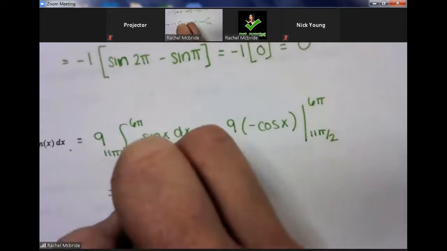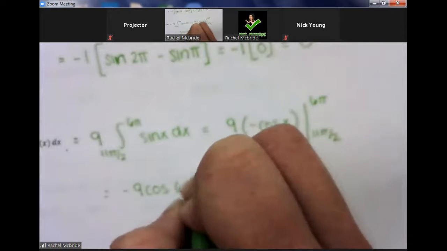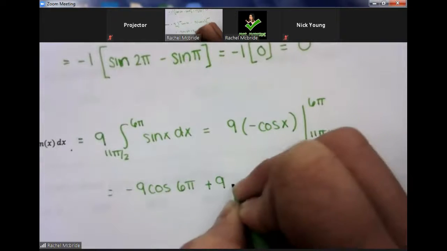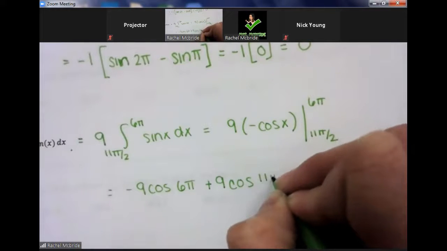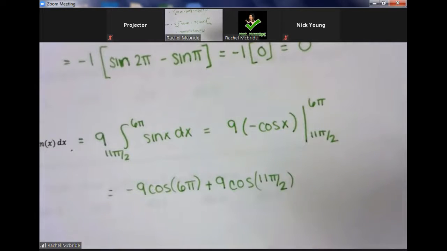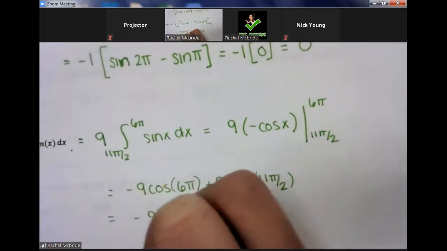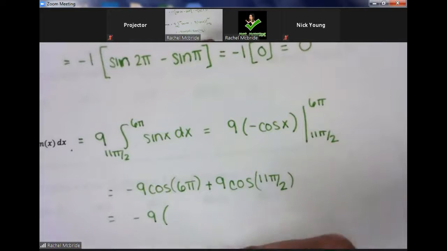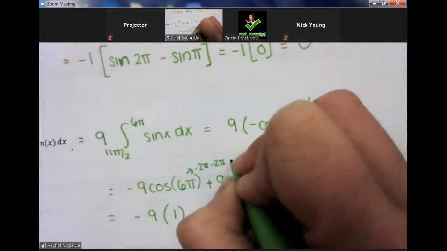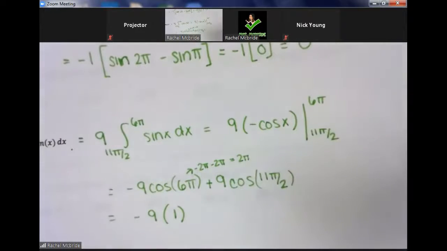which is really negative 9 cosine 6 pi minus a minus, so a positive 9 cosine 11 pi all over 2. So that's negative 9. The cosine of 6 pi is positive 1, because really that's like subtracting 2 pi, like subtracting 2 pi, and that gets you to 2 pi. So on the unit circle, that's really like the cosine of 2 pi.